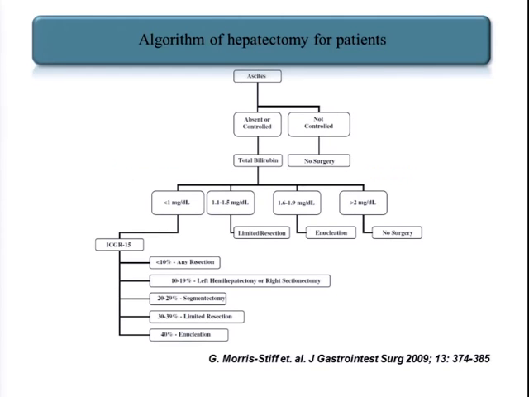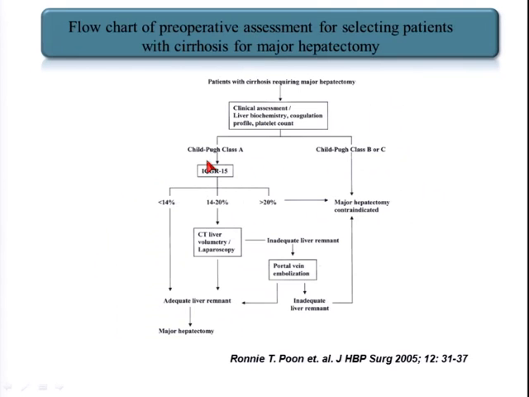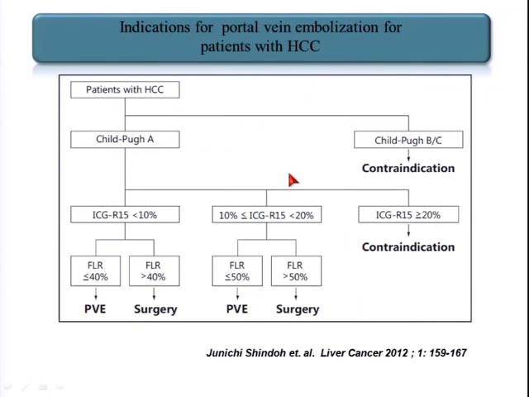This is a treatment algorithm. I've talked a lot about liver function tests, but not that many are applied to the algorithm for hepatectomy. Usually ascites, bilirubin, and indocyanine green 15, and then sometimes the Child classification or the Makuuchi test, and volumetry are used, and sometimes just the Child classification and ICG R15.